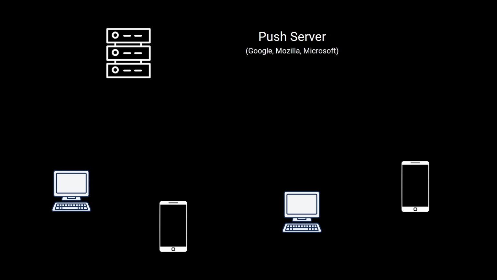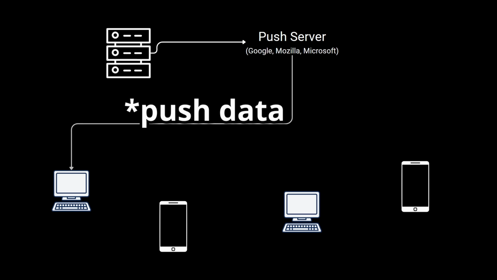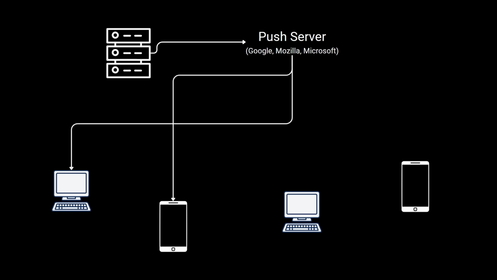First, your server will send API requests to the push server and ask them to send push to a very specific device. For example, your server sends requests to Google, and Google will send requests to a Chrome browser in this PC. It's the same with other browsers like Mozilla Firefox and Microsoft Edge.